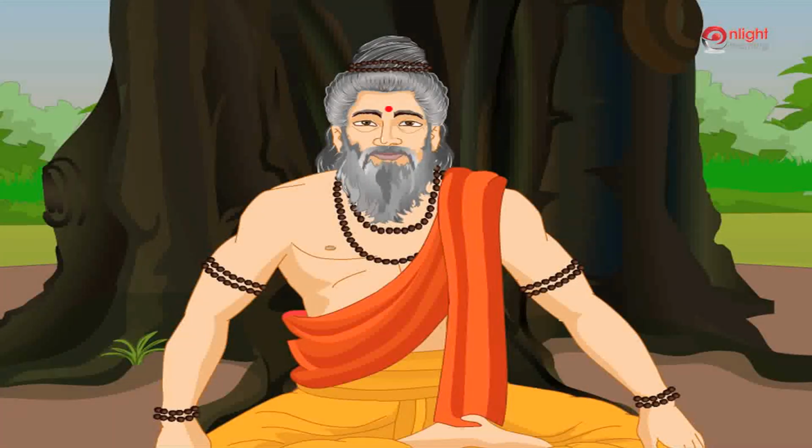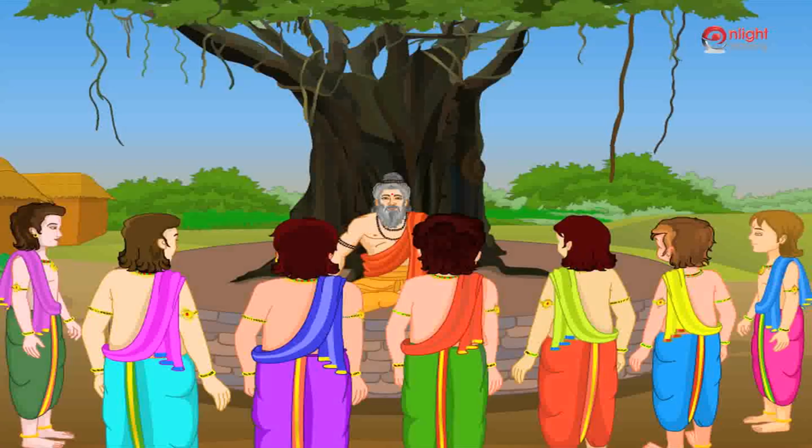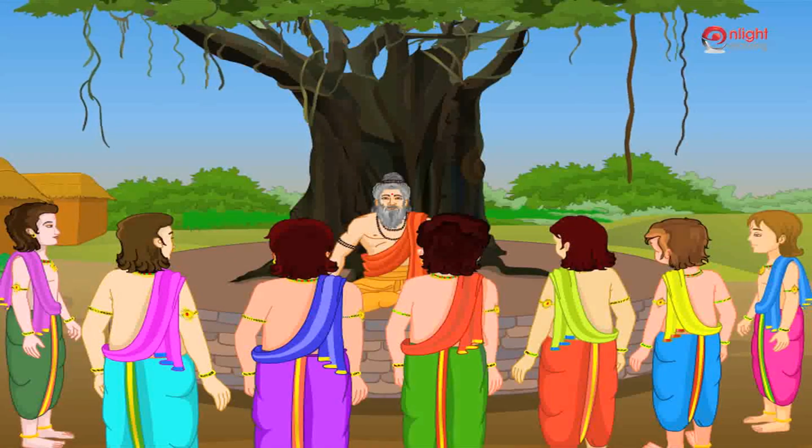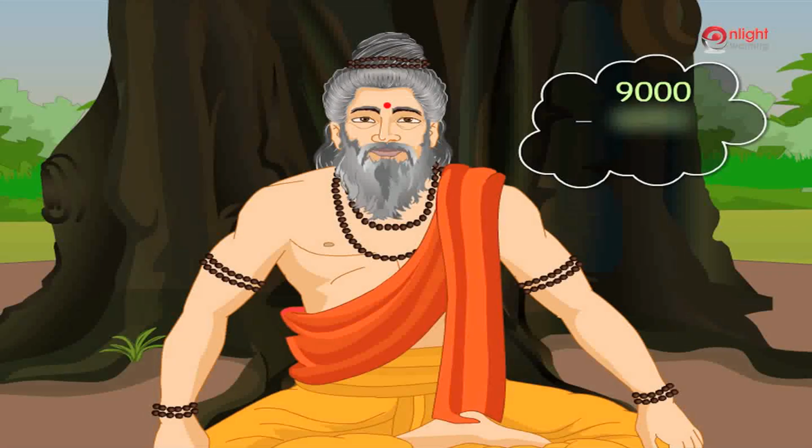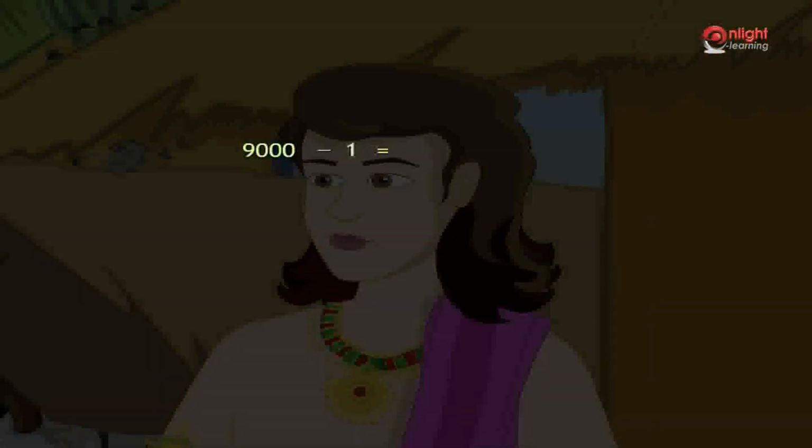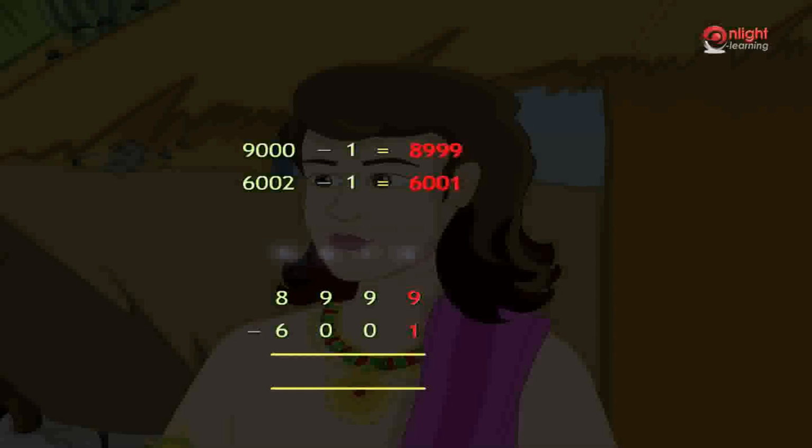Now one more subtraction using shortcut method. Who can do it? I will. Good. Subtract 6,002 from 9,000. First we have to subtract 1 from both the numbers. So I get 8,999 and 6,001. Subtracting 1 from 9 in ones, I get 8.